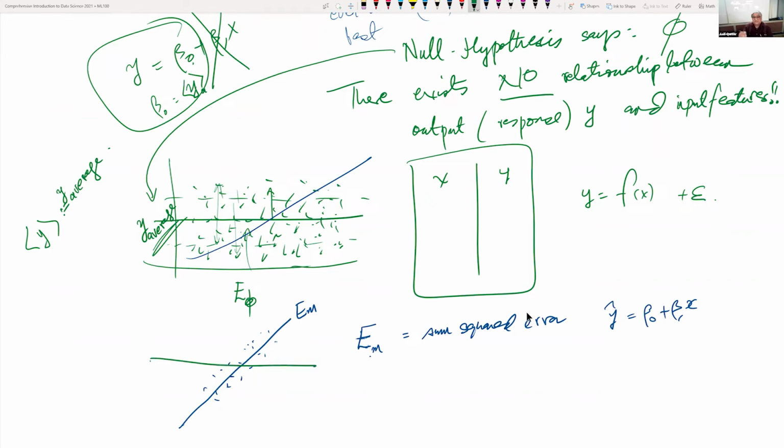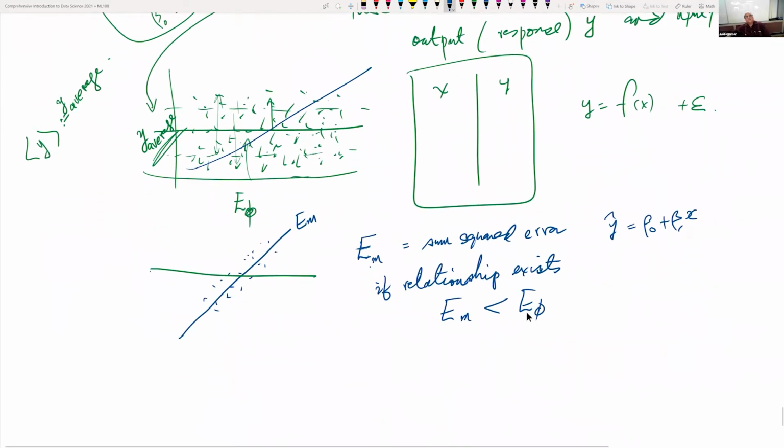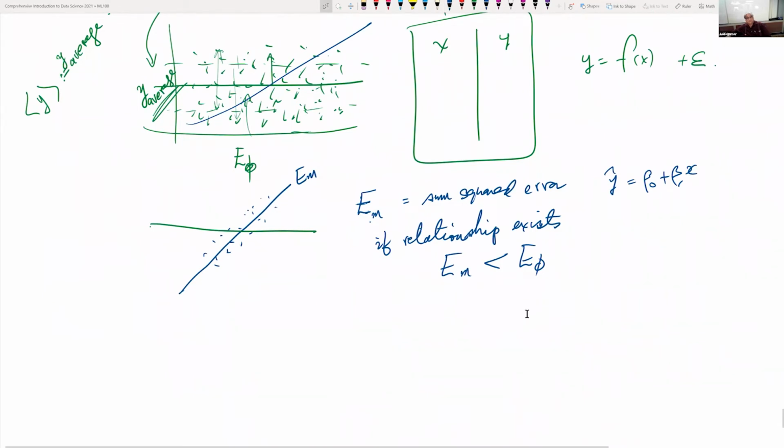So in other words, if there is a relationship, if relationship exists, then EM will be less than E of the null hypothesis, right?